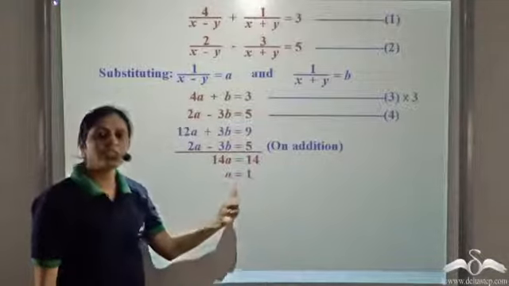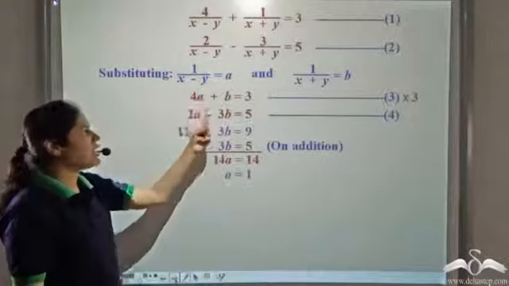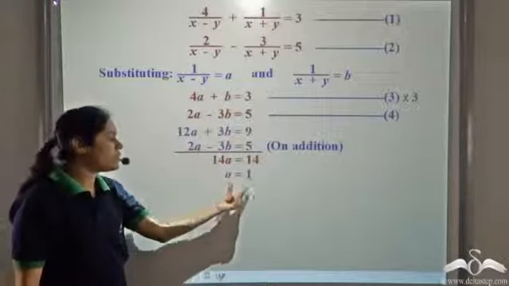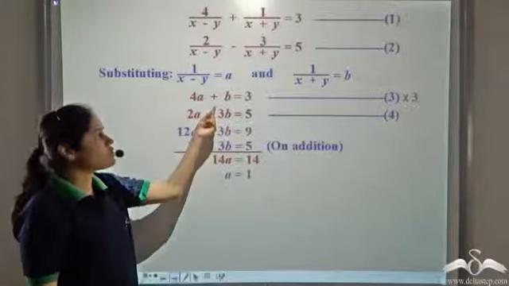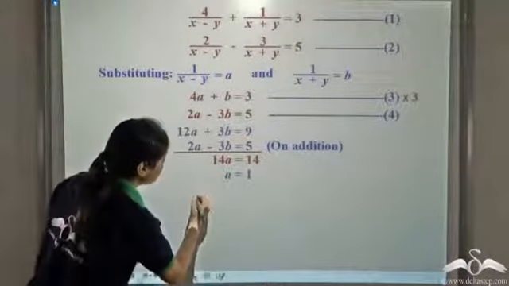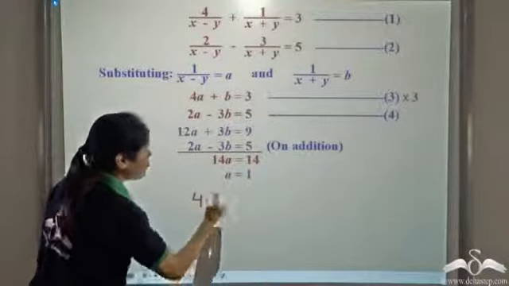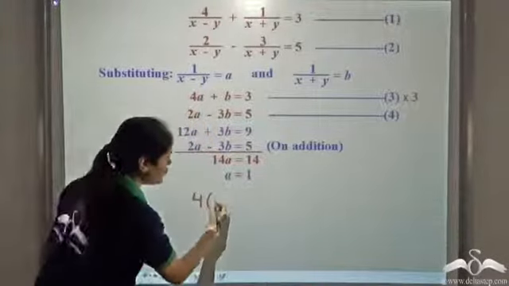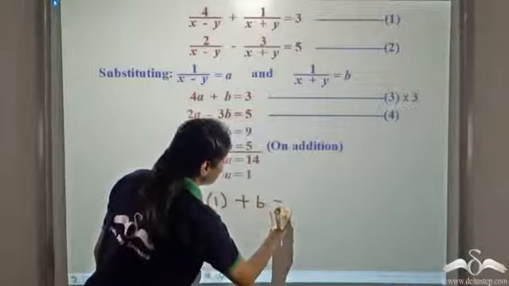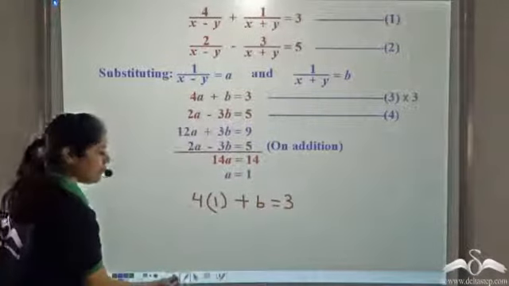Now we can substitute this value of a in any of these equations to get the value of b. So let us put a equal to 1 in equation 3. Putting a equal to 1, instead of a, we write 1. 4 into 1 plus b is equal to 3.